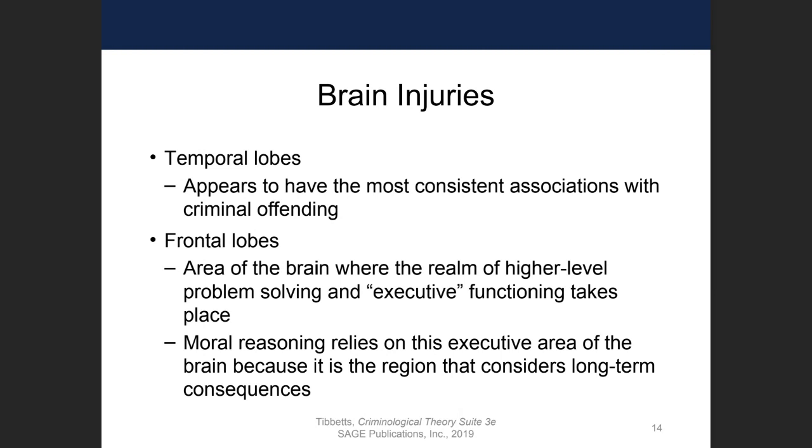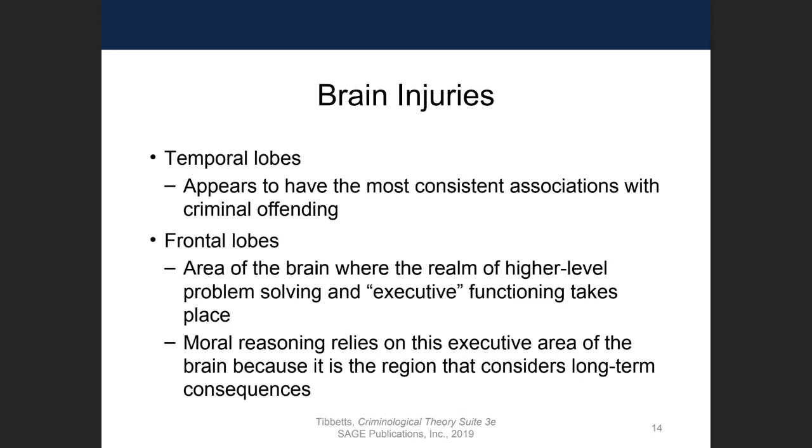Other biological research has looked at the link between brain injuries and crime. For example, the temporal lobe appears to have the most consistent associations with criminal offending, and that is the part of our brain that helps us with rationalizing. The frontal lobe is the area of the brain where the realm of higher level problem solving and executive functioning takes place.